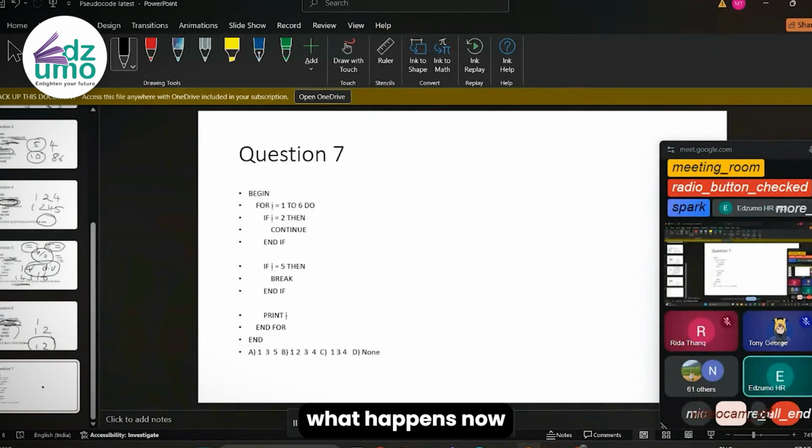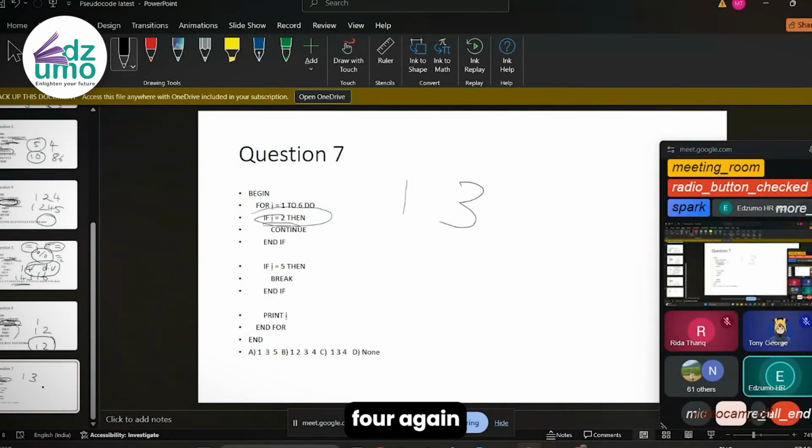So what happens now? 1 to 6. When I equal to 1, if I equal to 2, so what happens? When 1 is there, 1 is printed, there's no issue. When I becomes 2, condition is true. So this is not executed. That is, print I is not executed. I becomes 3, condition is not true, so it's executed.